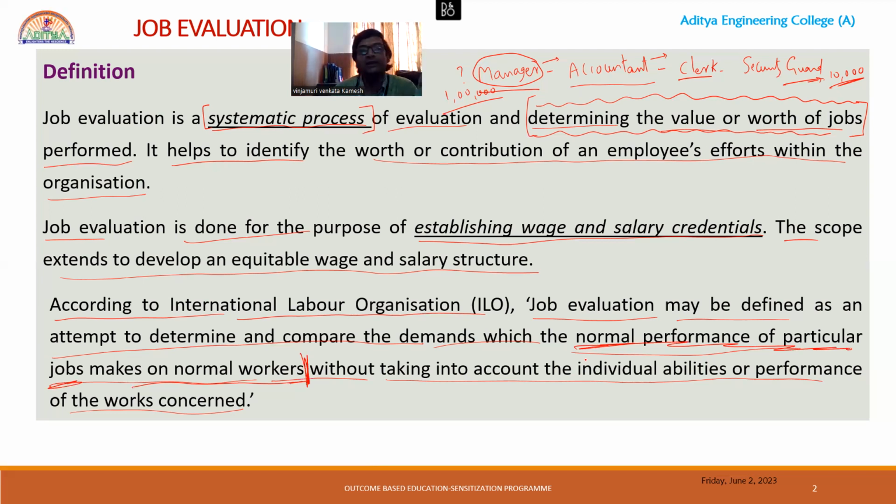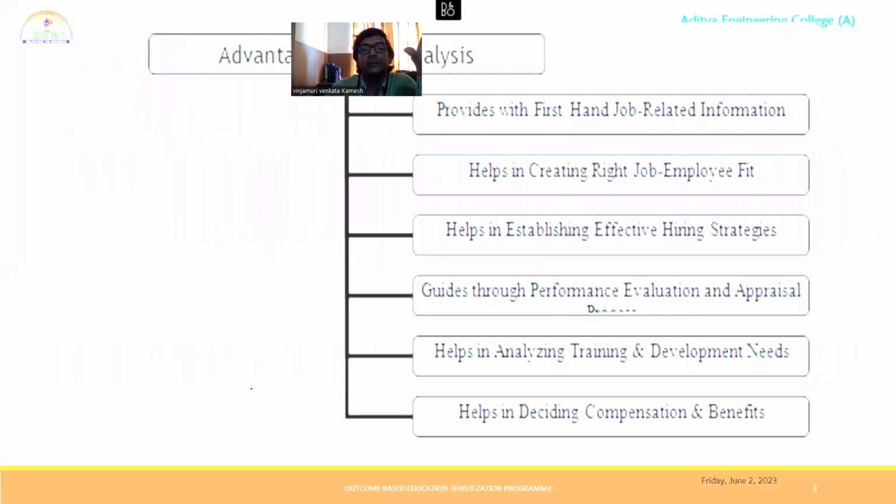So whoever may be the manager, director, managing director, chairman or CEO, it is the performance of a particular job, not of a person. Without taking into account the individual abilities or performance of the workers concerned, that means we are forgetting about the person sitting in the chair, but the relative worth of the job is assessed.